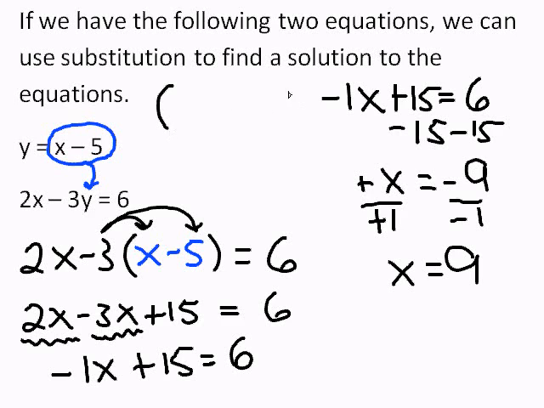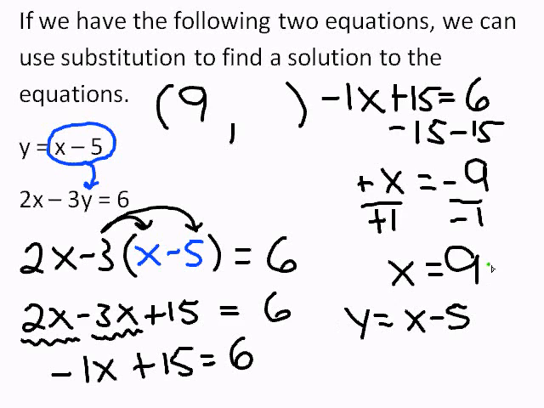The difficulty we're going to face at this point is that we now have an x, which is 9, but our goal is to get an x and a y. Since x is 9, we can actually substitute x into either of the two equations to solve for y. I'm going to choose the equation y equals x minus 5 in order to find my y value.